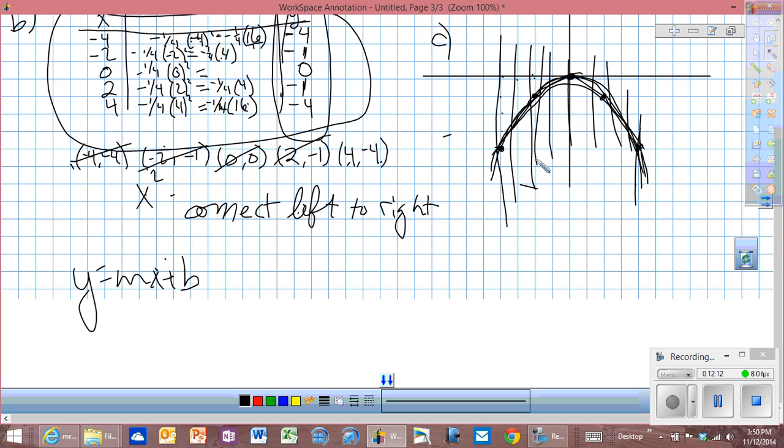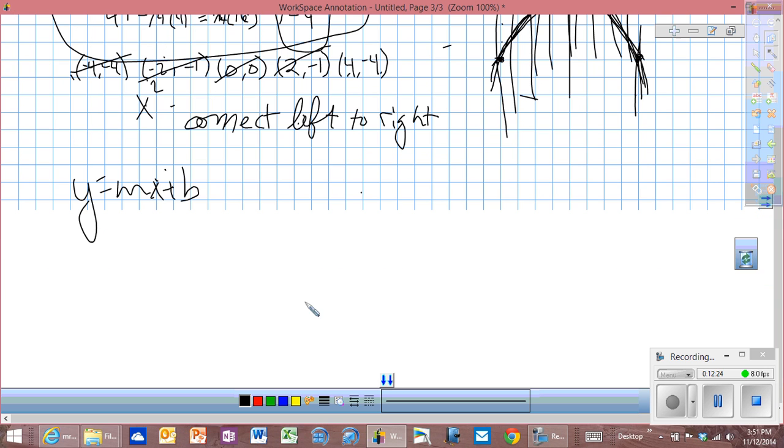If I drew an actual nice vertical line, I'll draw some different graphs so you can see what I'm talking about, because this one does work out because it is a function. Okay, so to see if something is a function, we have what's called the vertical line test.